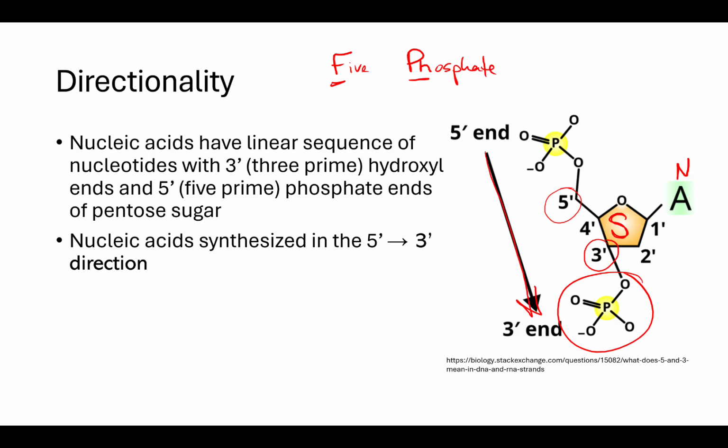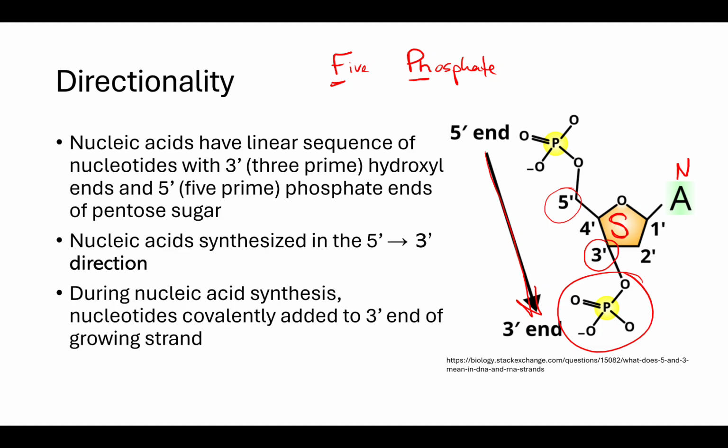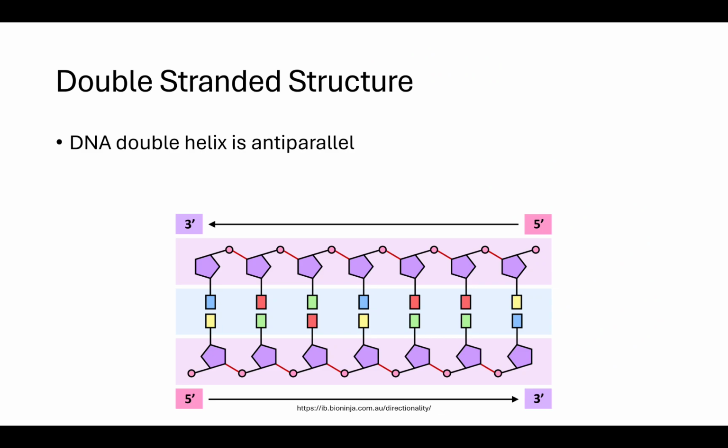They're never going to just stick a diagram of a sugar and ask you to say, okay, which is the 5' end and which is the 3' end. What they'll usually have is on their diagrams of DNA or RNA, they'll label the 5' end and the 3' end for you.